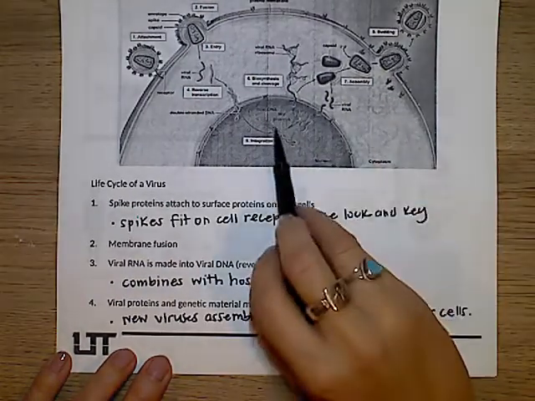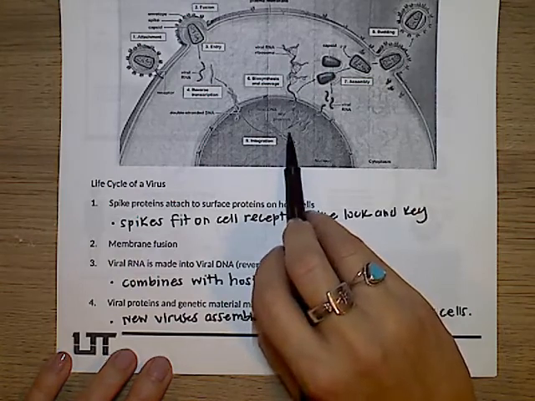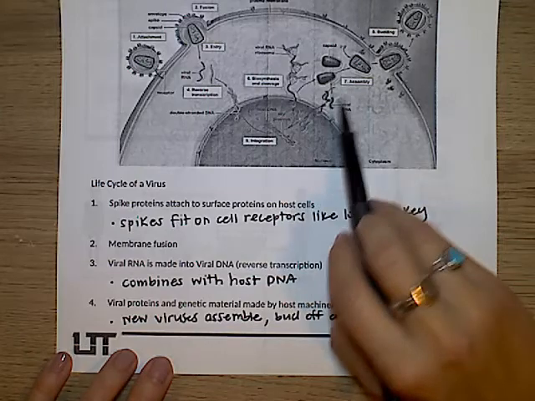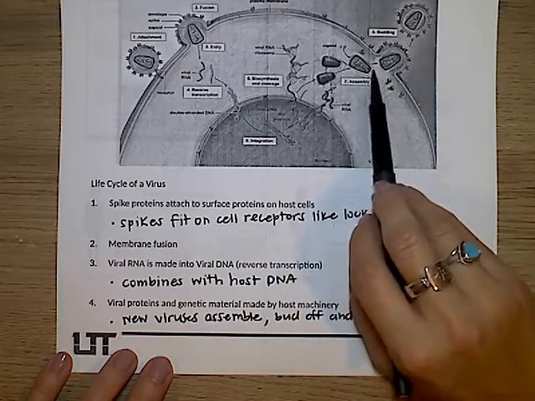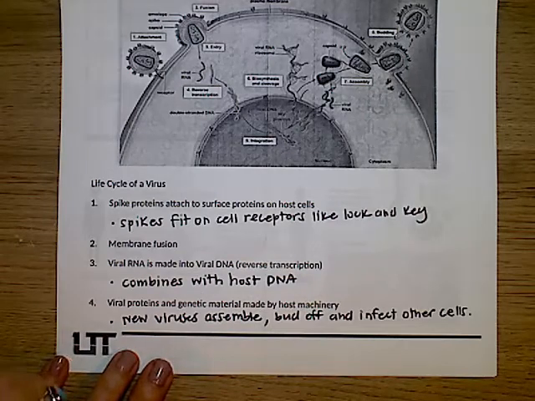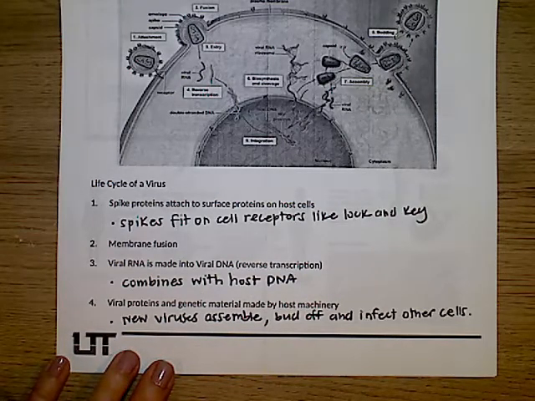So here it is. It now has the genetic instructions to make the parts of the virus. And so it will start to build those. And once it's ready, it will bud off and run off to hijack another cell. So basically what's going on here is the virus is hijacking the machinery of the host cell to make more copies of itself so it can spread to other cells.